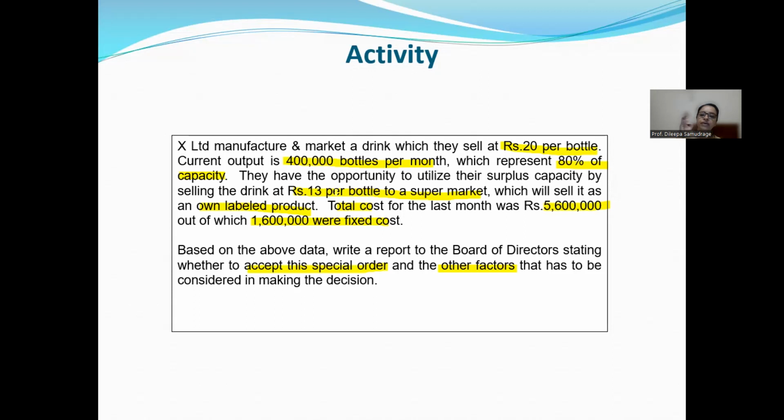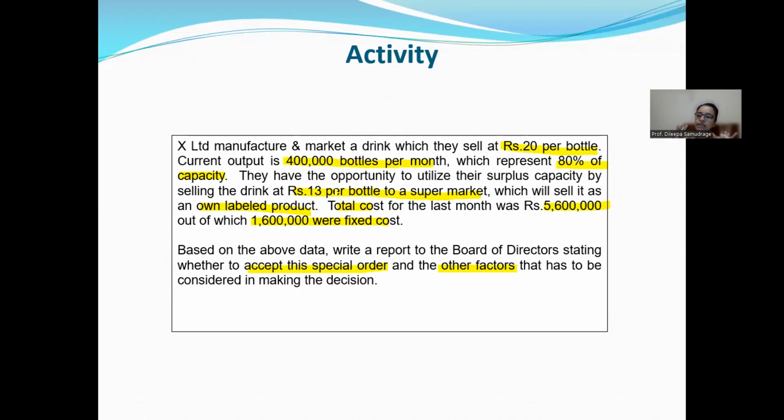So from 13, you have to deduct the cost that you have to incur, variable cost. So that is 10. So 3 rupees is the contribution. So from one bottle, you get a 3 rupees contribution, right? So for 100,000 bottles, you get 300,000 contribution, right?